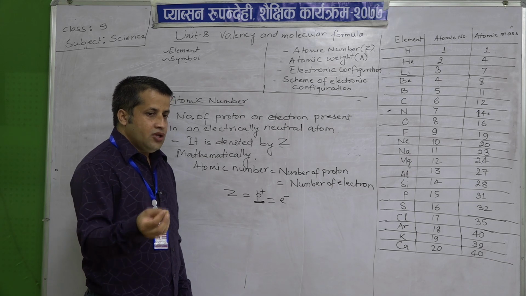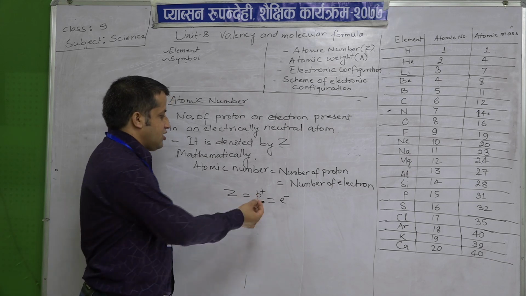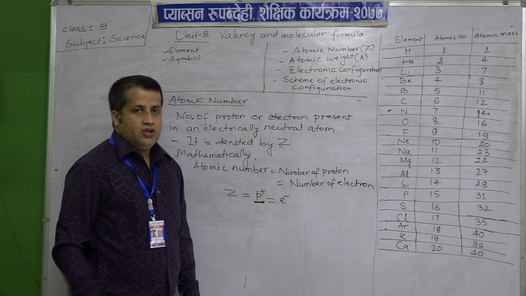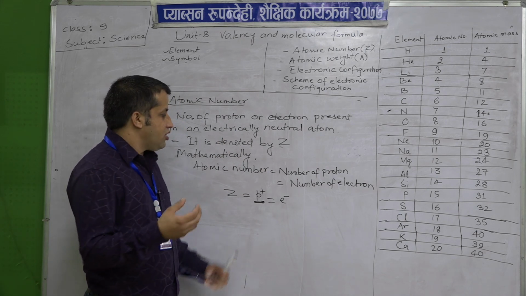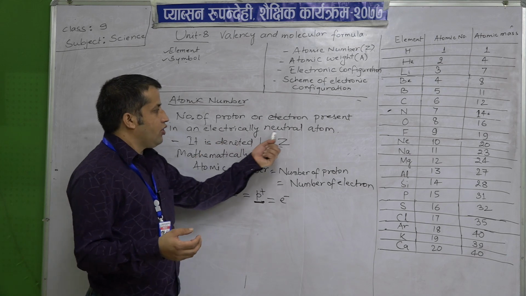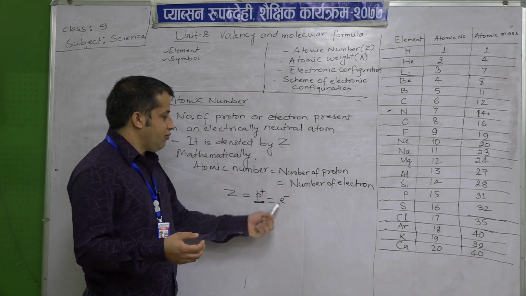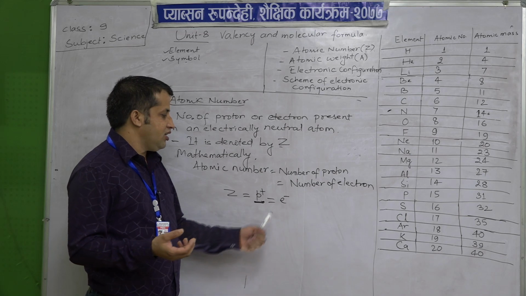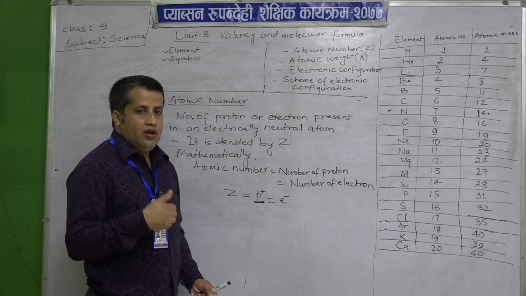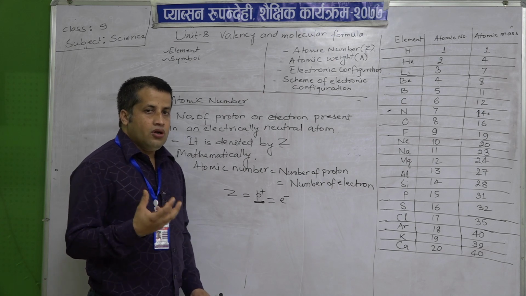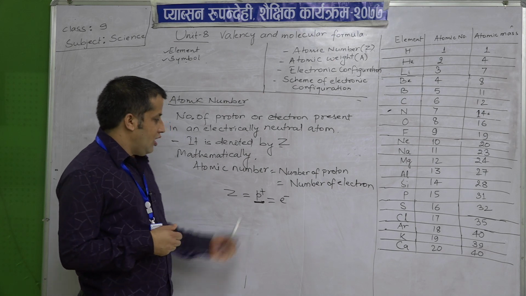In general, the number of protons gives us the atomic number of an element in an electrically neutral atom. Sometimes during a chemical reaction electrons can be donated, due to which the number of electrons may vary while forming a bond or compound with another element.